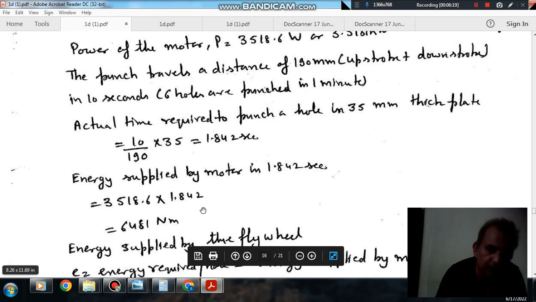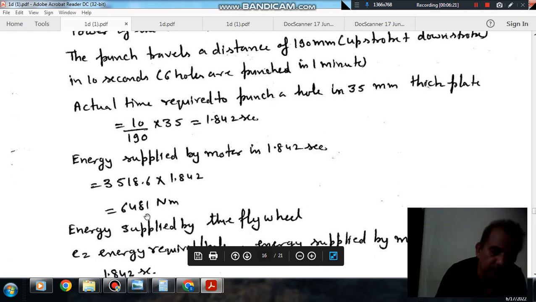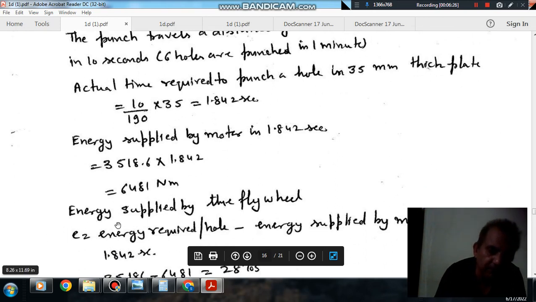So the energy supplied by the motor in 1.842 seconds is 6481 Newton meter, and then the energy supplied by the flywheel.